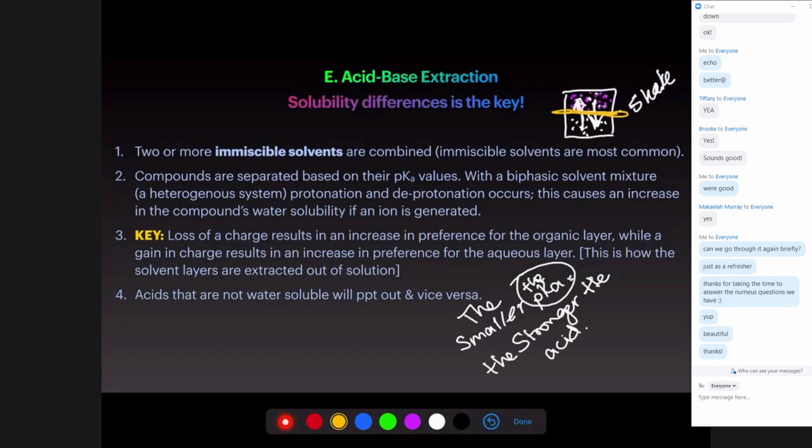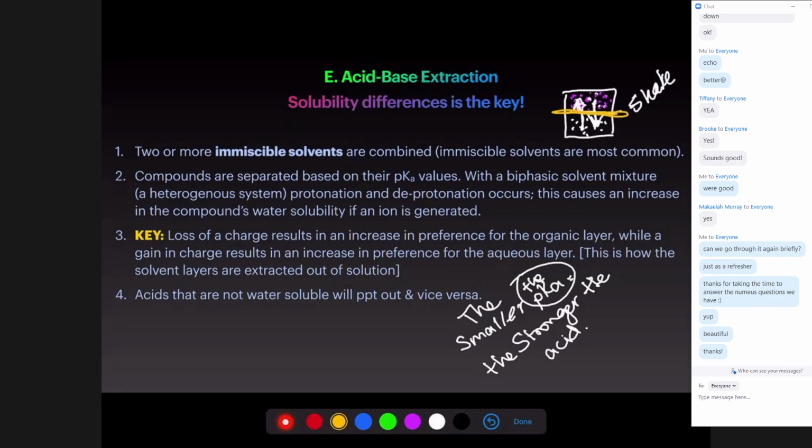Protonation and deprotonation are occurring as you shake the solution. This causes an increase in the compound's water solubility if an ion is generated. So a loss of charge results in an increase in preference for the organic layer, while a gain in charge results in an increase in preference for the aqueous layer. This is how the solvent layers are extracted out of solution.